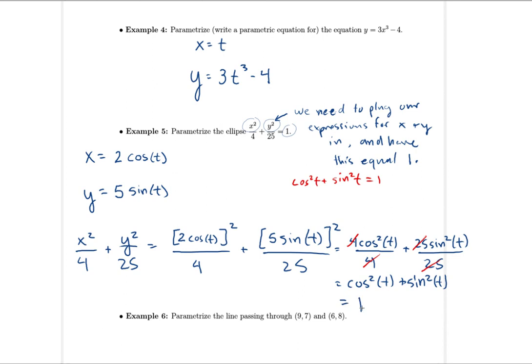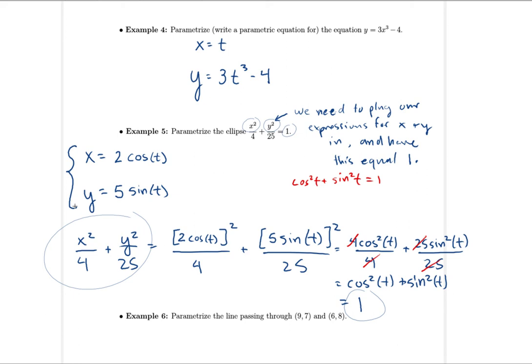So I have shown that this equation is satisfied when I plug 2 cosine t in for the x and 5 sine t in for the y. And so therefore that is going to be my proper equation.